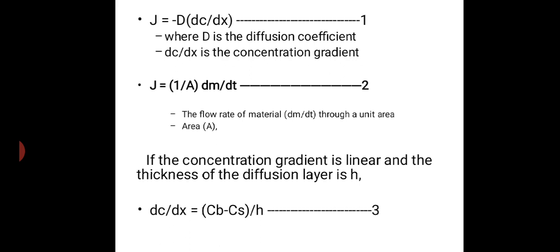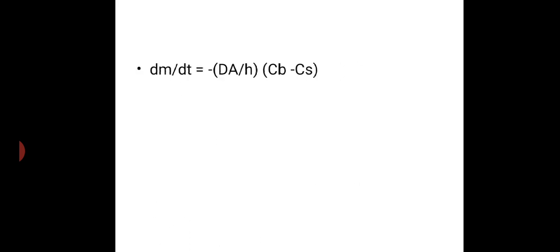Now combining this with the second equation J is equal to 1 by A into dM by dt, you will get the final equation dM by dt is equal to DA divided by h into Cb minus Cs. So this is the general equation representing the movement of the drug molecule across the polymeric membrane by the mechanism of dissolution, or the dissolution controlled drug delivery system.